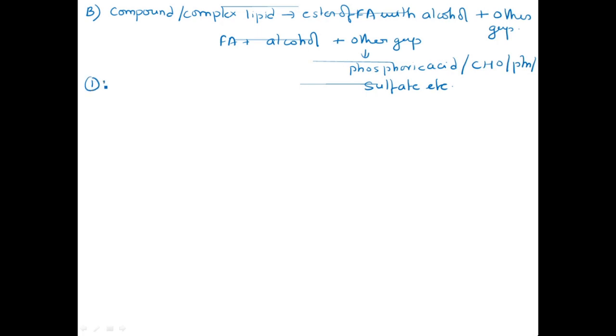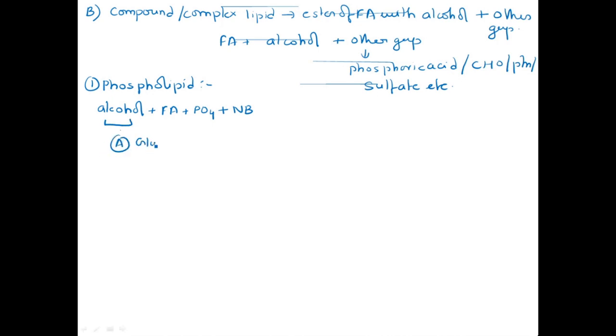For example, first we have phospholipid. This phospholipid will consist of alcohol plus fatty acid, along with a phosphate group and a nitrogenous base. Then depending upon the alcohol, this phospholipid can be of two types.